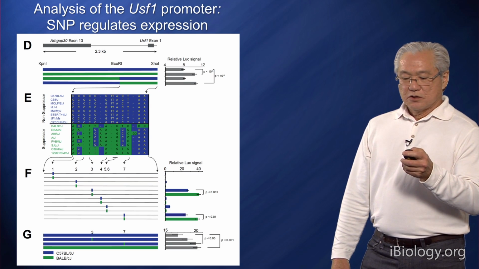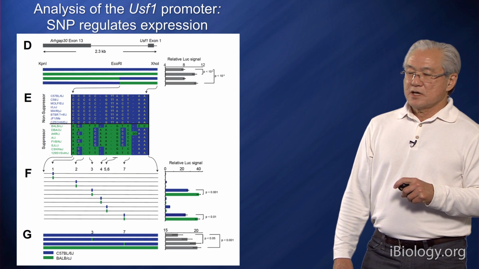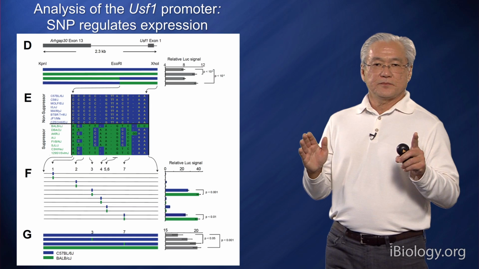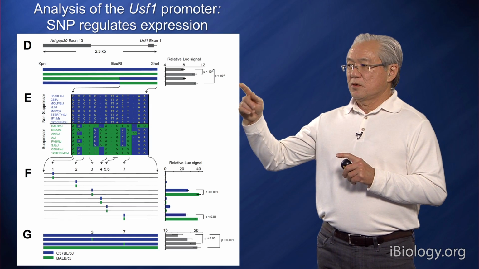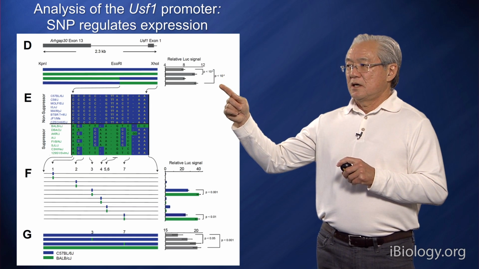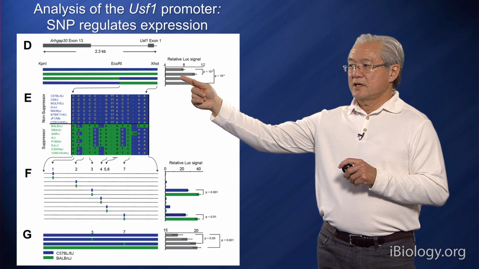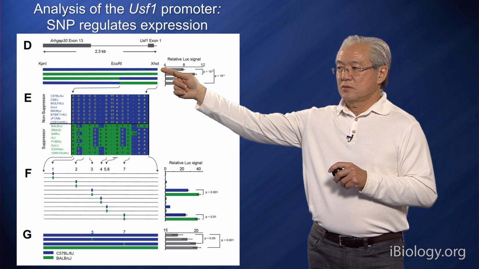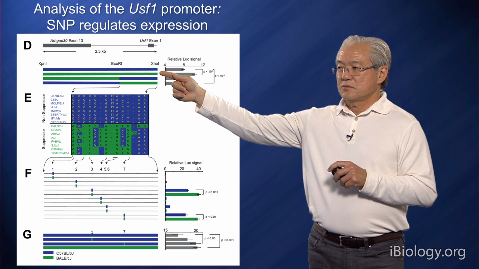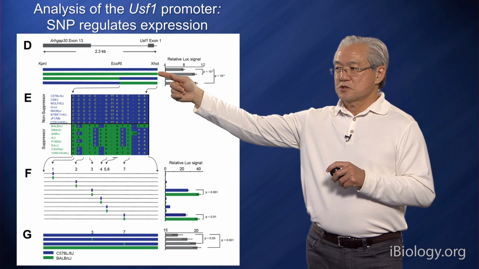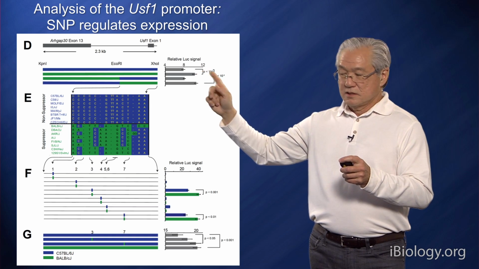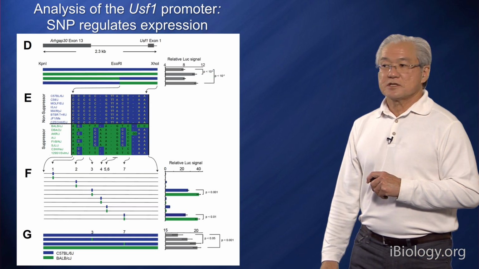So to look at this further, what we did was to isolate the upstream regulatory regions of USF1. And using reporter gene assays, we could show that the BL/6 upstream region, which is shown in blue, as compared to the BALB/c upstream region shown in green, there's a slight increase in the transcription from the BALB/c promoter.